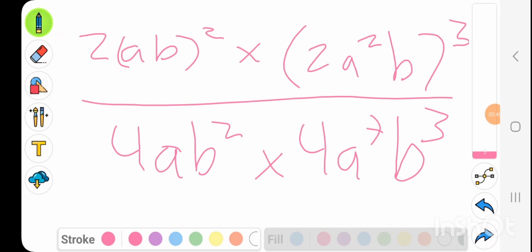This looks really hard to grasp, but just try to understand it. You can pause the video and figure it out by yourself. It's going to be alright, so if you got the answer, just unpause.